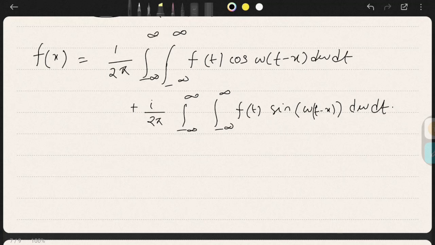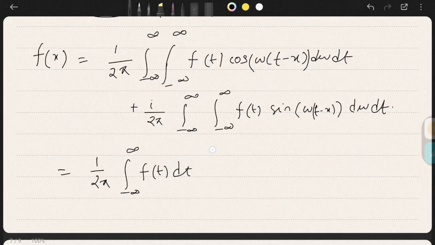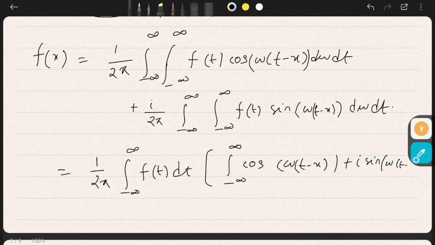I used some extra bracket here, so let's use it here also. So this is nothing but 1 by 2 pi, integral from minus infinity of f(t) dt. We can take it common and multiply by the integral of cos omega (t minus x) plus i sin omega (t minus x), then d omega.